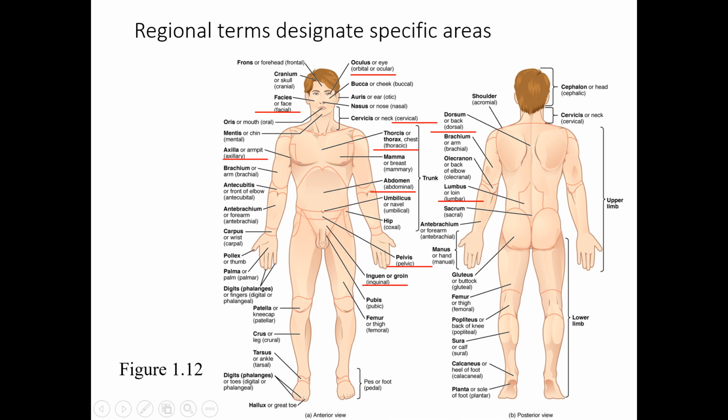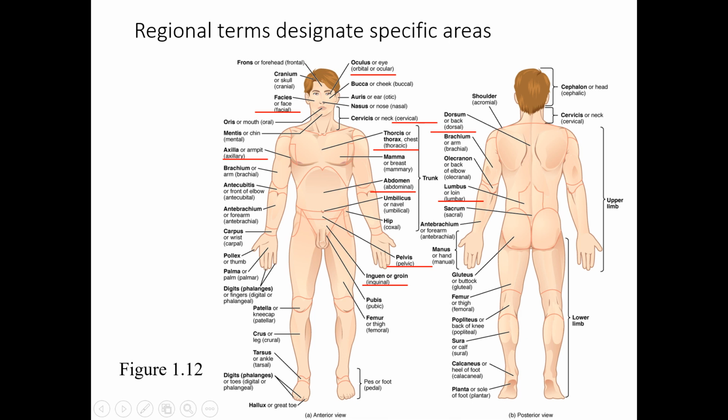We have special regional terms for that, to describe the location of different wounds or maybe tumors or something else on the body surface. Here are the names of those regions, and some of them you need to memorize.